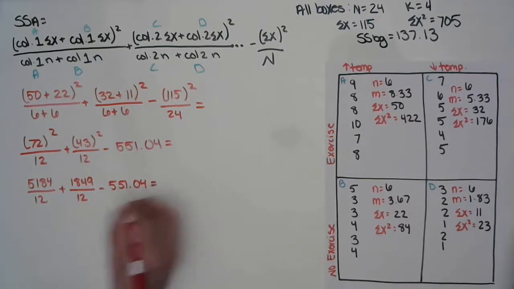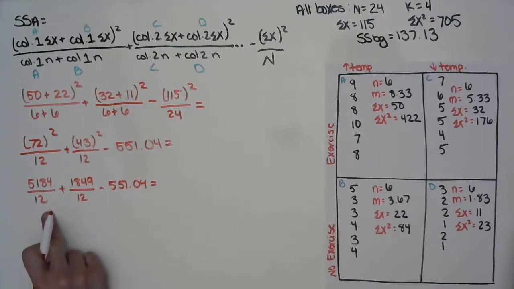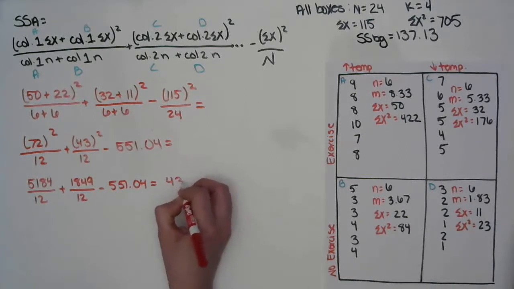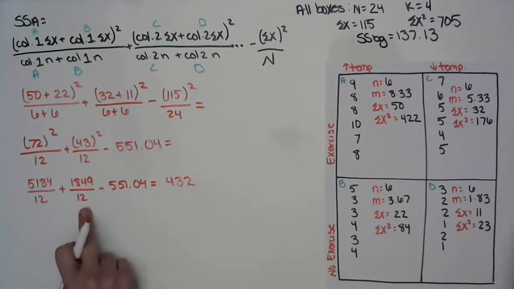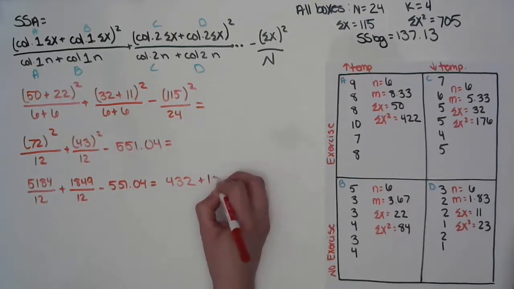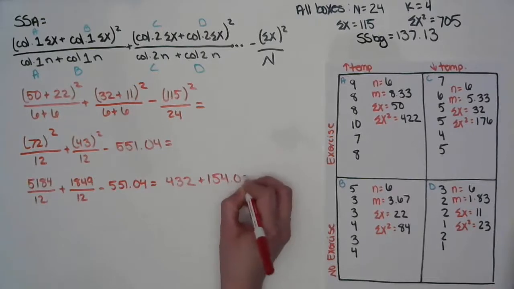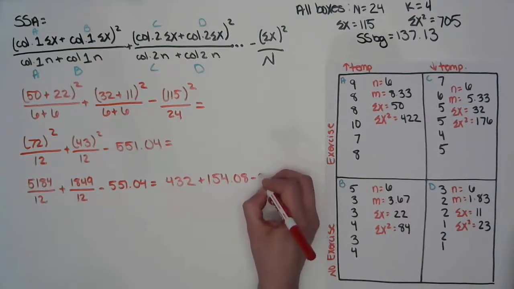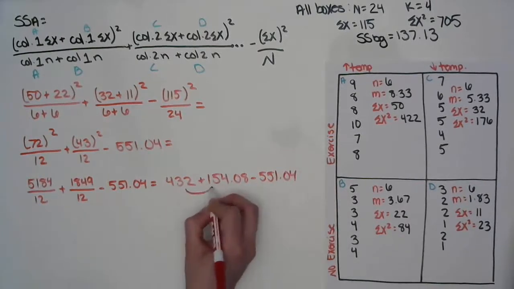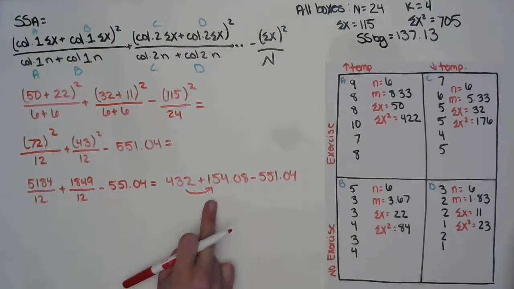Okay, and then let's go ahead and divide that out. So 5184 divided by 12 is going to give us 432. And then 1849 divided by 12 is going to give us 154.08. And then we're still subtracting our 551.04.